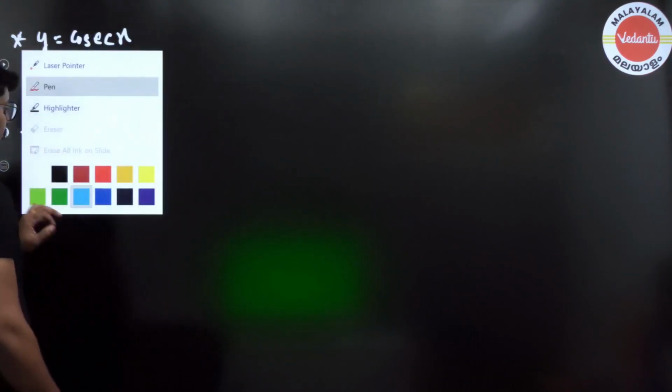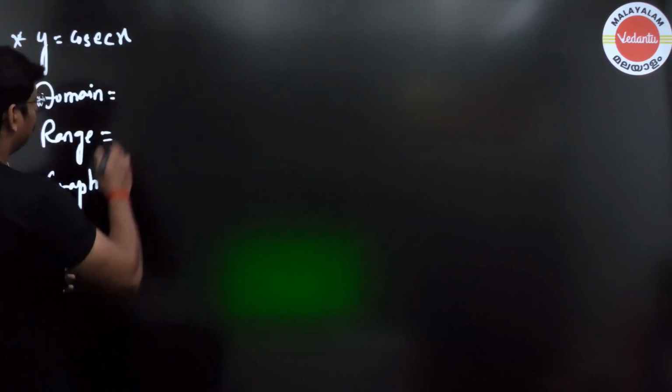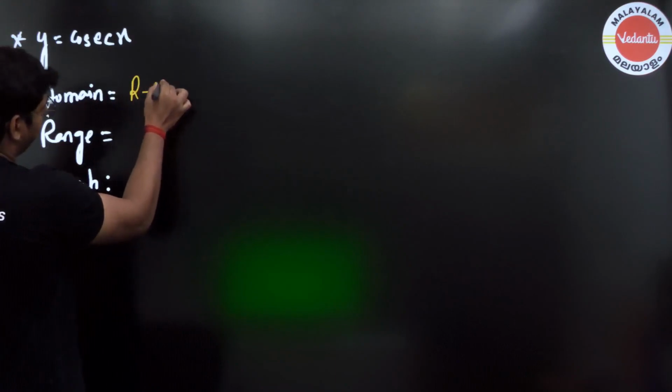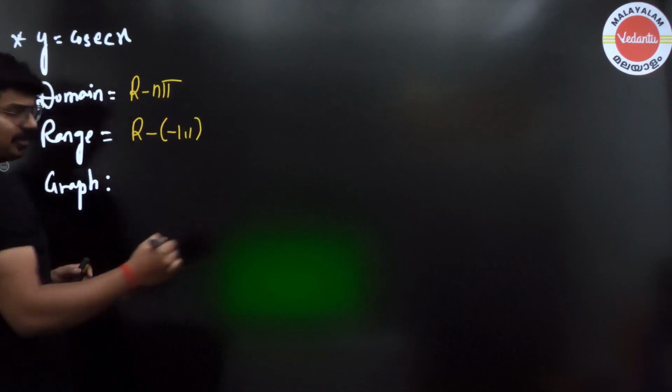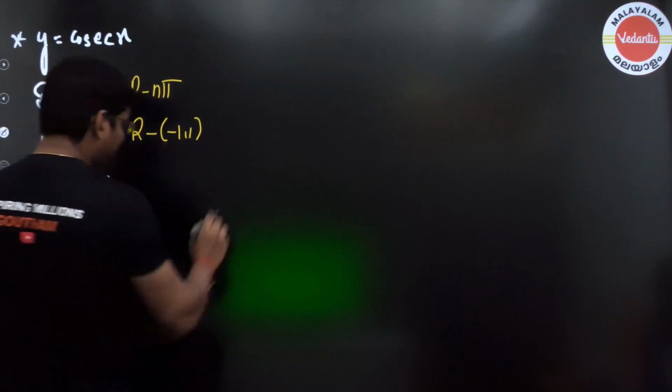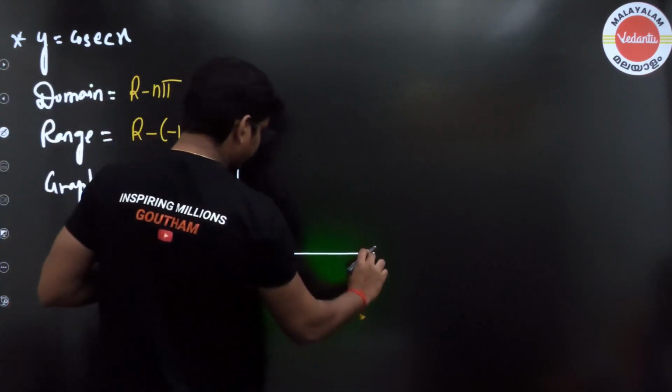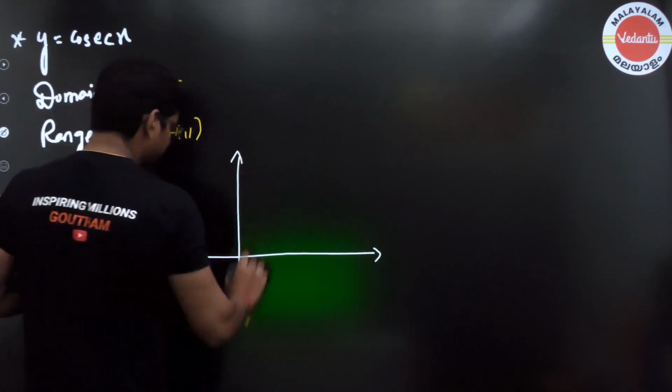And similarly you have cosecant. So cosecant, again, the domain is all the real numbers except n pi, and the range is all the real numbers except minus 1 to 1. And if you want to draw the graph of cosecant x, it looks similar to secant x but with a small change.